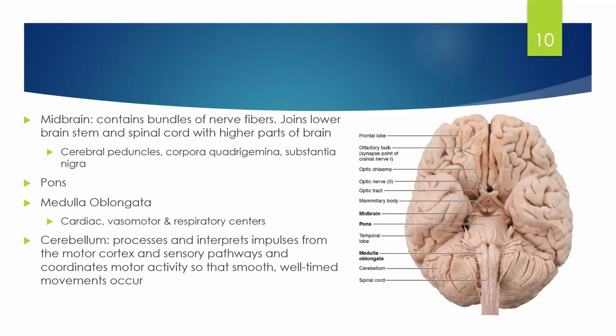Starts with an F. The foramen magnum. So the medulla oblongata is the continuation of the spinal cord extending from the pons to the foramen magnum. And this is the most inferior part of the brain.